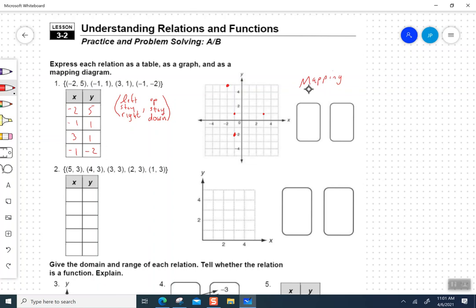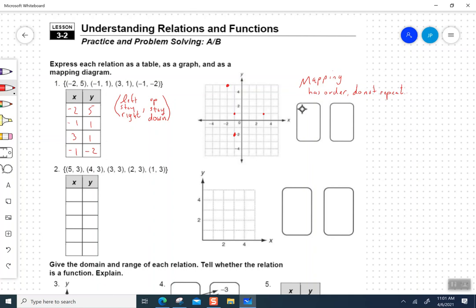Remember, mapping has order, and we do not want to repeat. What that means is if I had 2 -2's for an x, I would only show one of them. All right, so let's see. What's the smallest one we have?